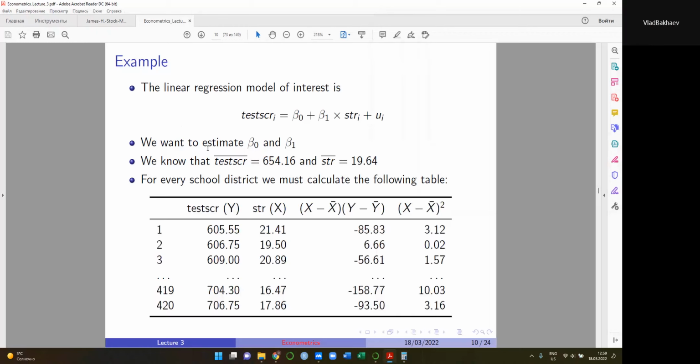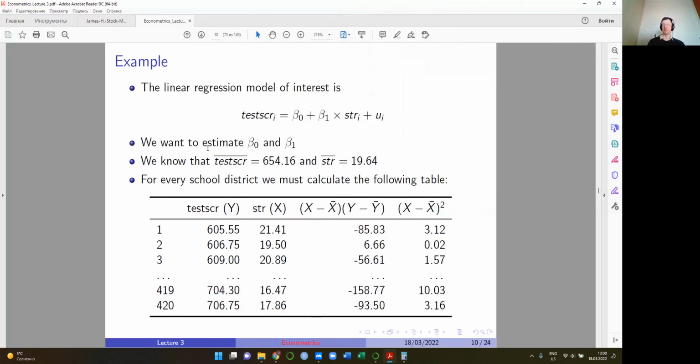Yes, and just for the general understanding, x_i minus mean x multiplied by y_i minus mean y. How can we call it? Just give it a name. What is it? Well, this is the product of deviations of x and y from the respective sample averages.